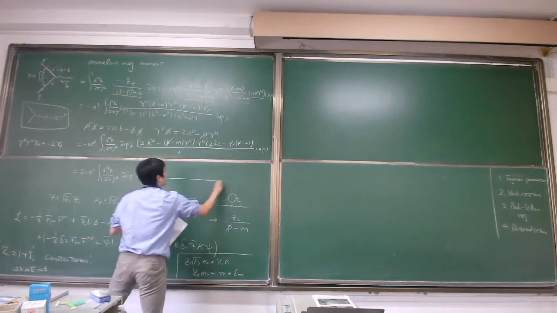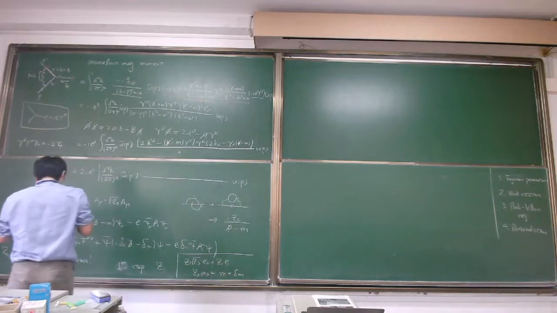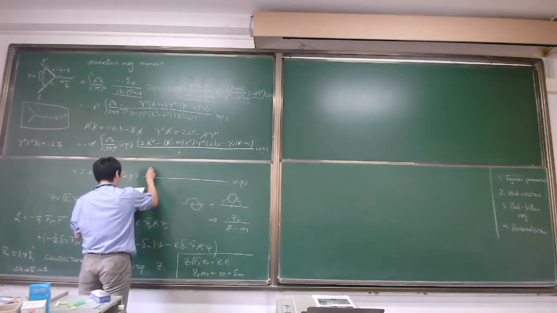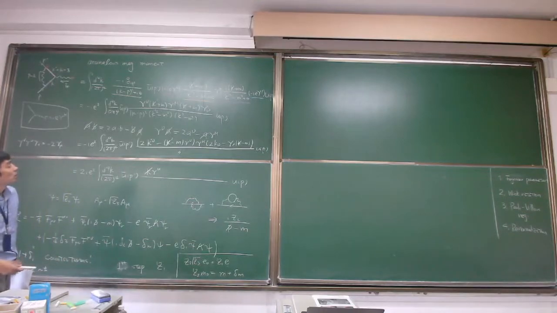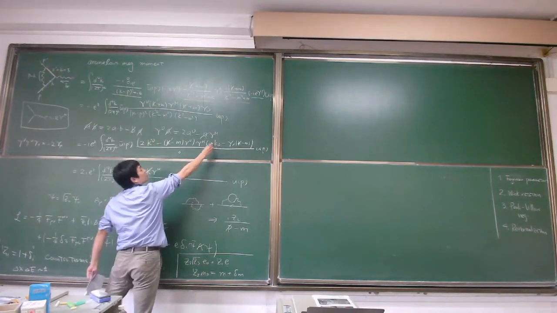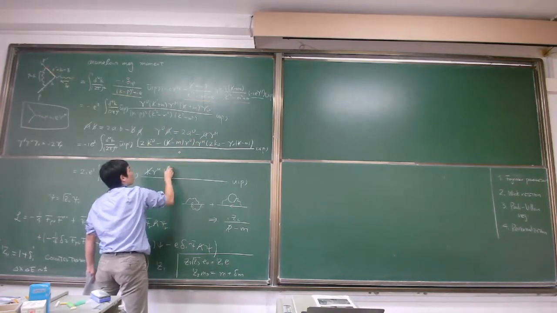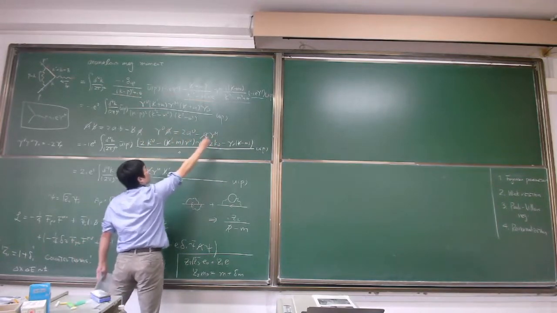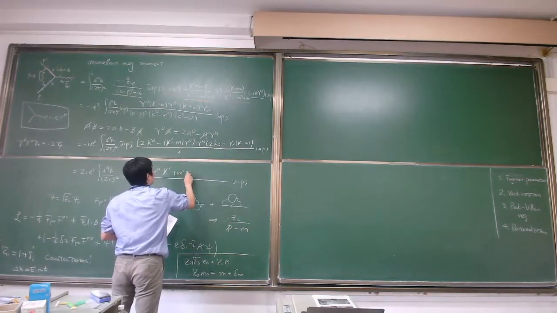Again, I'm not going to write the denominator because it's the same. And then what you end up with is k slash gamma mu. Here k slash is coming from this one, k slash gamma mu, and then k prime slash coming from here, the contraction here. Okay. And then plus m squared gamma mu.